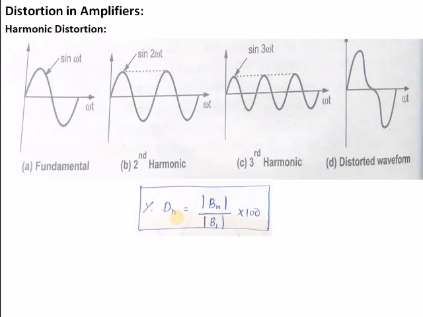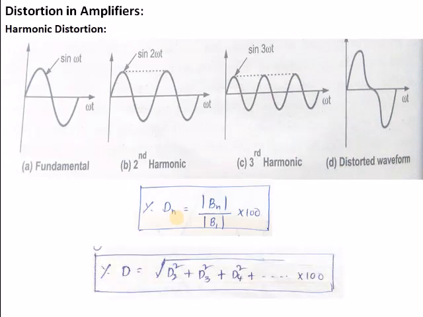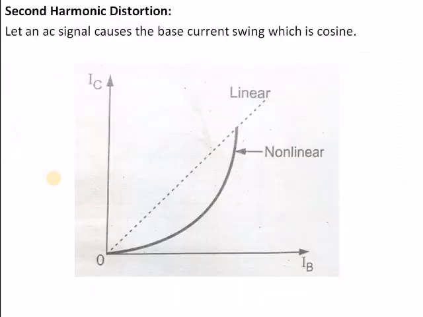Therefore, the total harmonic distortion is given by the square root of D2 squared plus D3 squared plus D4 squared and so on, into 100. Among all these harmonic distortion components, the second harmonic distortion is more important because it has the largest amplitude. The second harmonic distortion can be calculated using the three-point method.